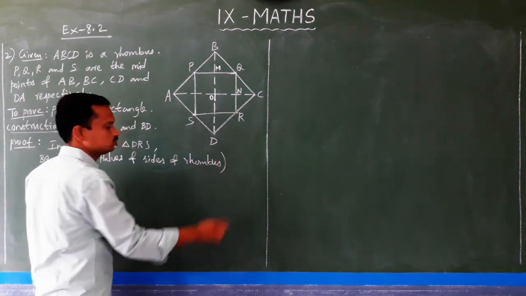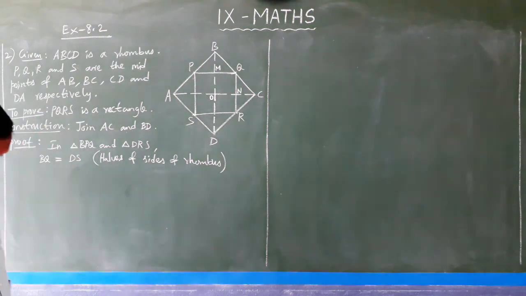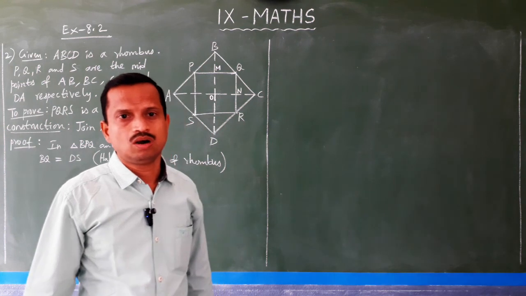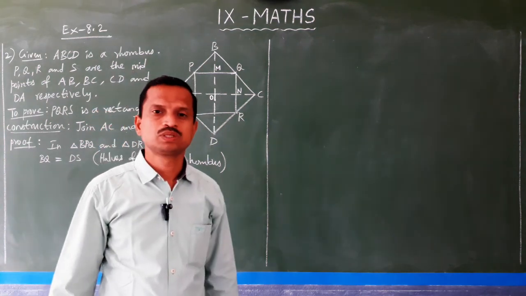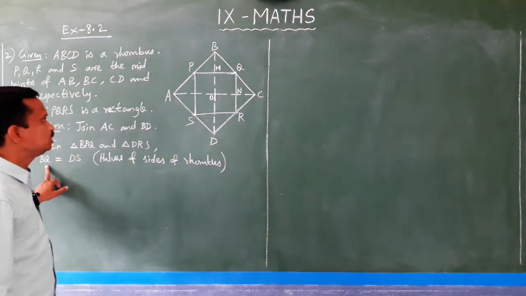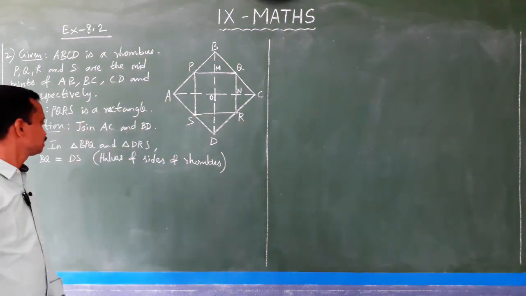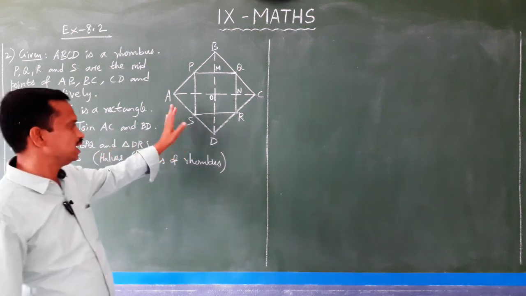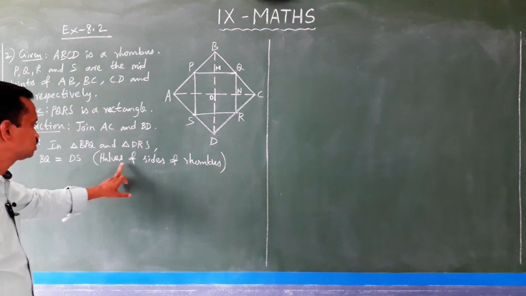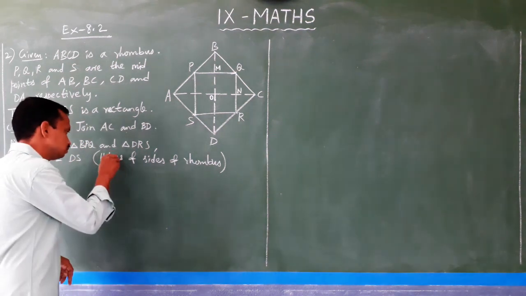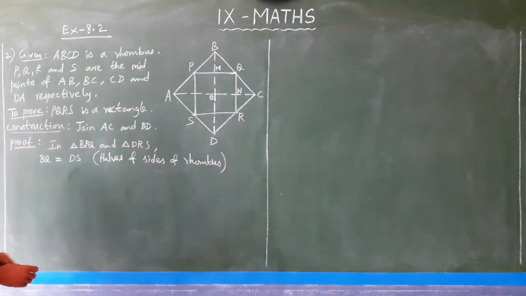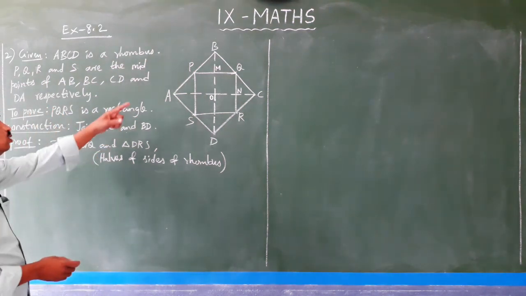Halves of the sides of a rhombus are equal. You know the properties of a rhombus: all sides are equal in measure, so half of every side is equal. BQ is half of BC, and DS is half of AD, so they are also equal. And again, from triangle BPQ we can take BP.